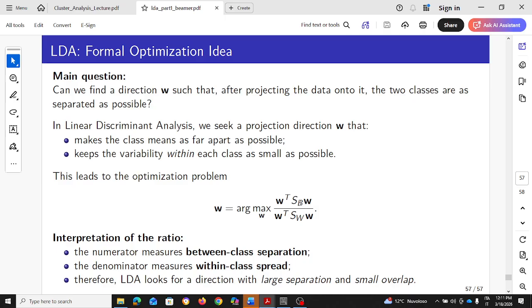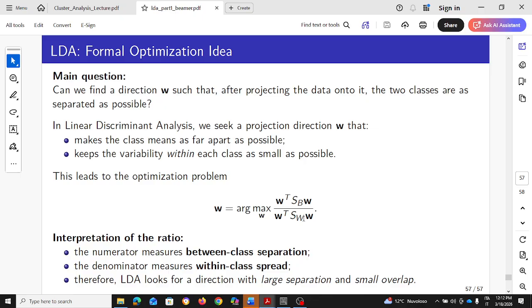Okay, so we need the maximum value here. And how can we get the maximum value here? If the separation between two clusters, if this value is big, it means the numerator is big, and if this value is small, okay, meaning this is what?